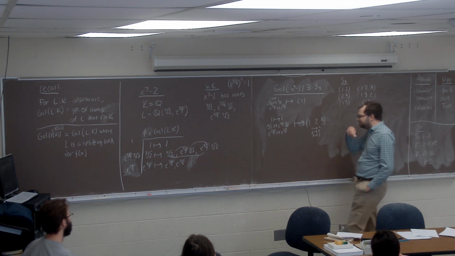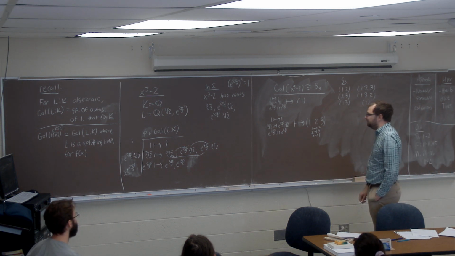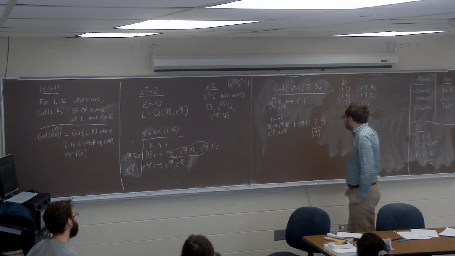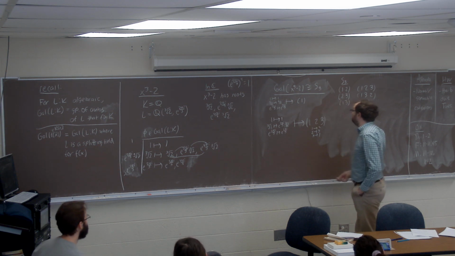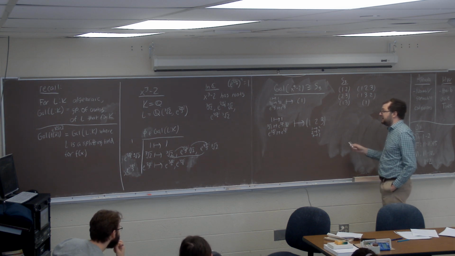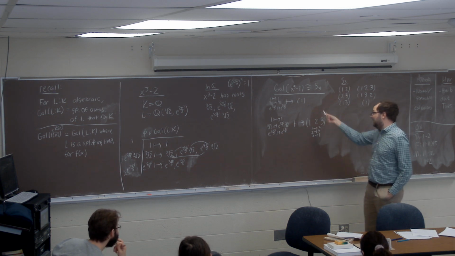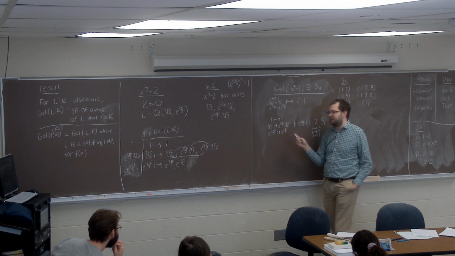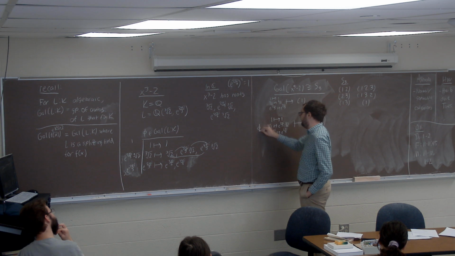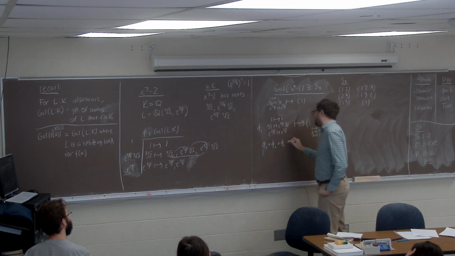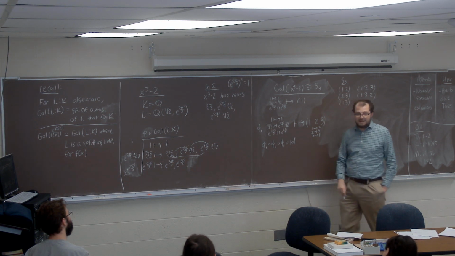Why are we mapping e to the 2 pi i over 3 back to e to the 2 pi i over 3 again? Good question. Because this basically gives us a 3 cycle, something that if we composed this function with itself 3 times, call this phi sub 1, phi sub 1 composed with phi sub 1 composed with phi sub 1, we get the identity function.